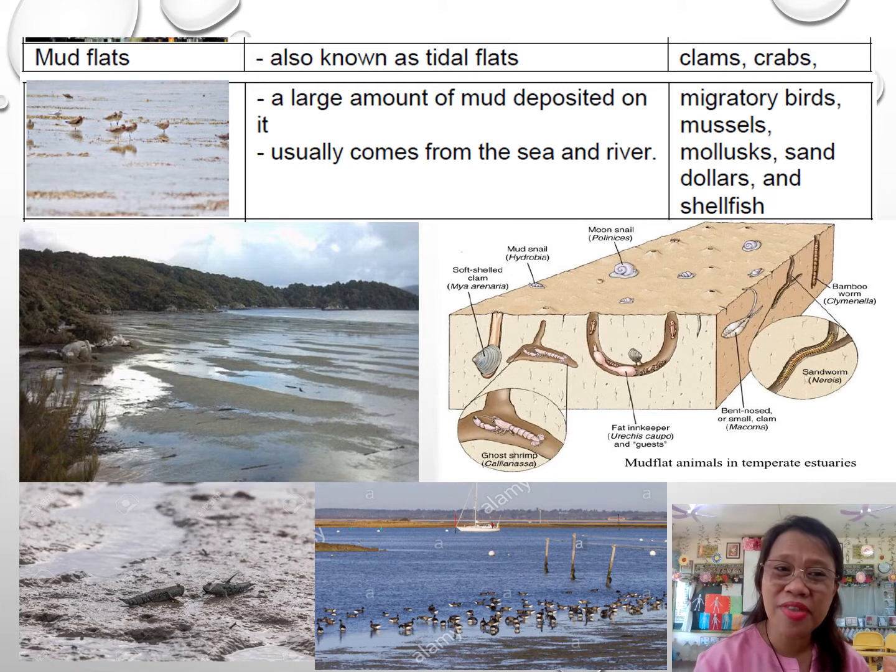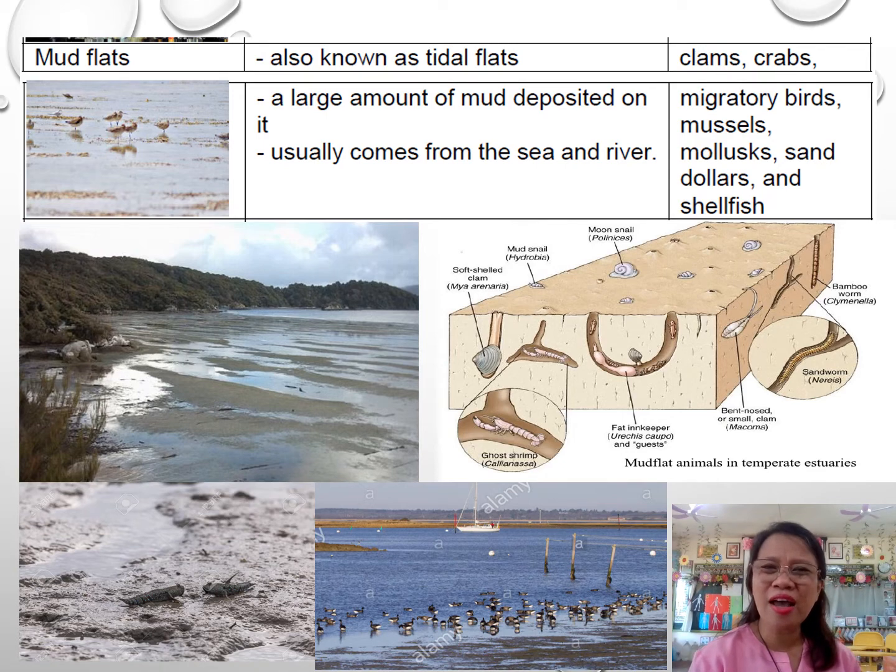Aside from that, we also have mud flats, also known as tidal flats. So this has a large amount of mud, lapok, deposited on it. Usually comes from the sea and river. So diri sa Ormoc, I can say nga naay mud flats sa dapit sa Naungan kay naa man tay daghang mangroves.